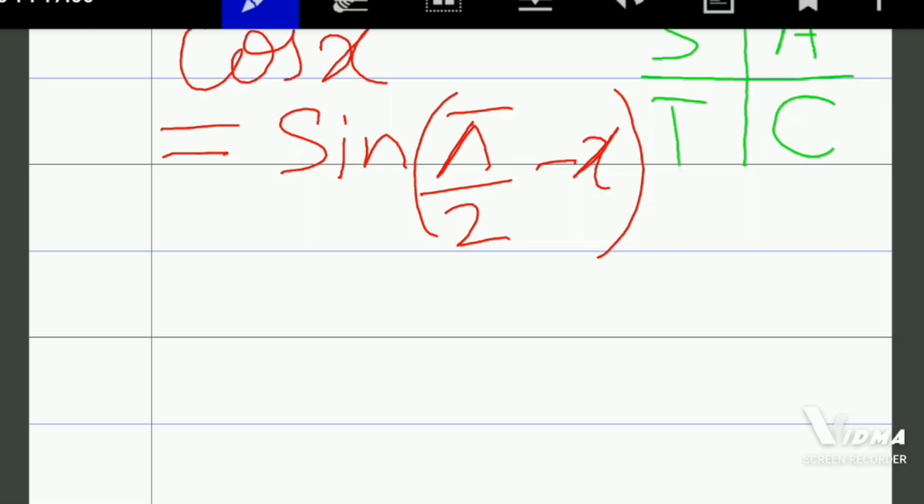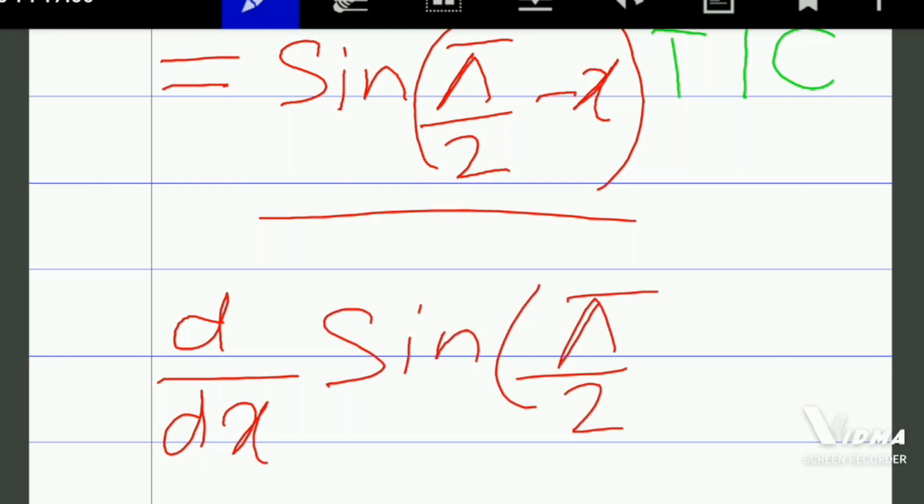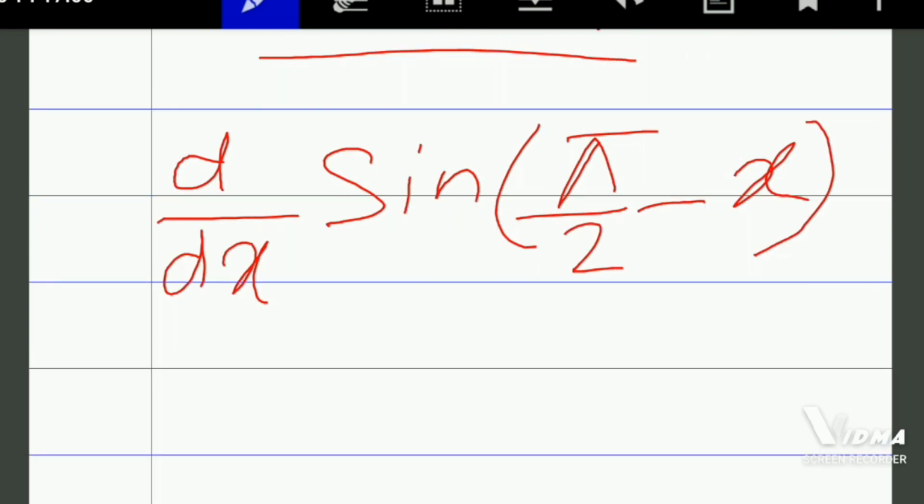Based on this, we can differentiate this one. By differentiating sin of pi by 2 minus x, the differentiation of sin x would be cos x.